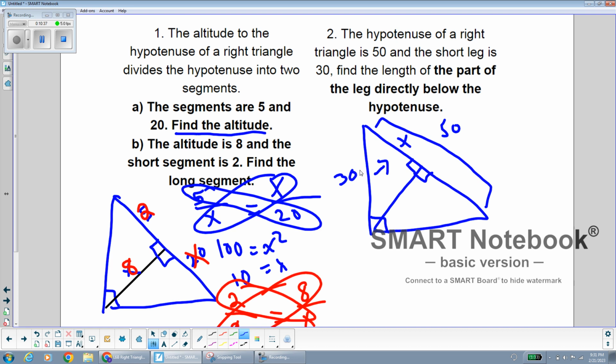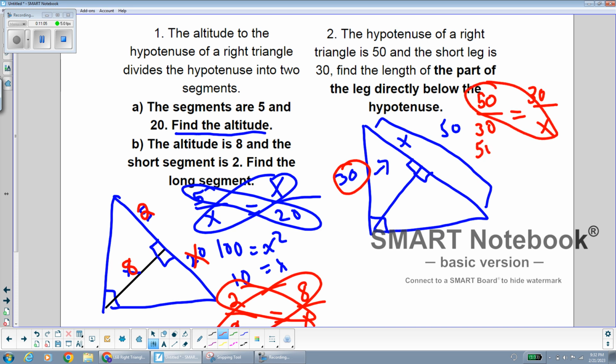Okay, so this time it's talking about legs. We're finding the length of the part of the hypotenuse directly below the leg. And we're given that the leg is 30. So that tells me leg rule. So remember, the leg rule says that the leg, which here is 30, is the mean proportional between the whole hypotenuse and the part of the hypotenuse directly below that leg.